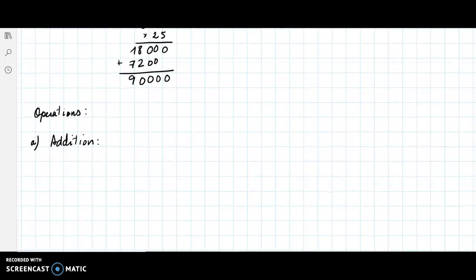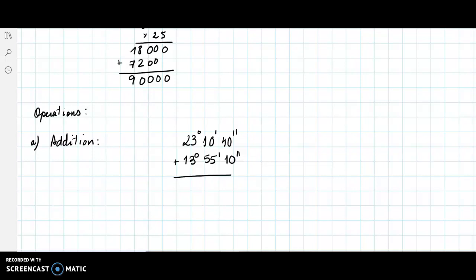So suppose that we have to add these two numbers, 23 degrees, 10 minutes, 40 seconds, plus 13 degrees, 55 minutes, and 10 seconds. To add these two angles, we have to add separately seconds, minutes, and degrees.